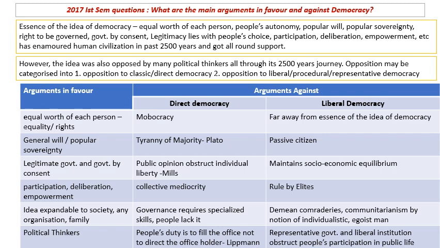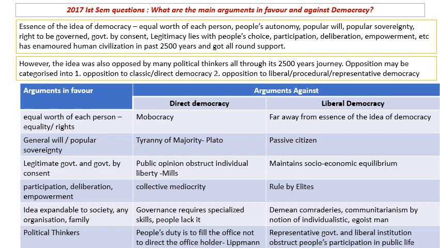And liberal democracy is opposed on the ground that it's far away from the essence of the idea of democracy. Citizens become passive onlookers, maintaining socio-economic equilibrium. The structures are kept intact, and it is a kind of bourgeois design, like Marx says, and it's ruled by elites. Many people say elitist theory of democracy.